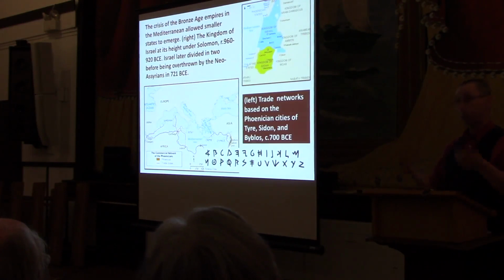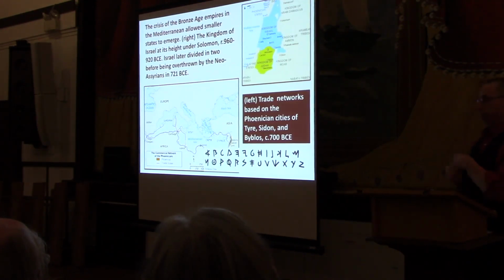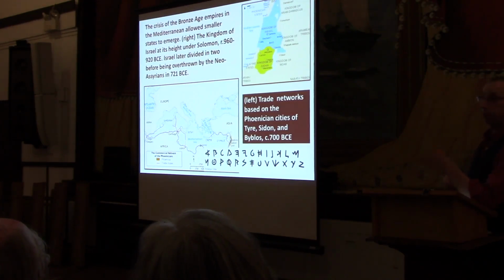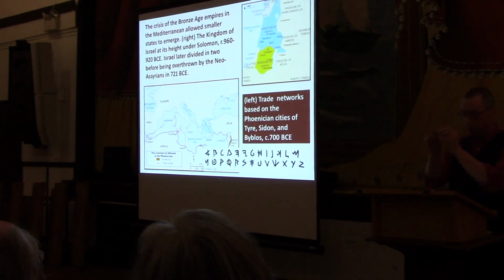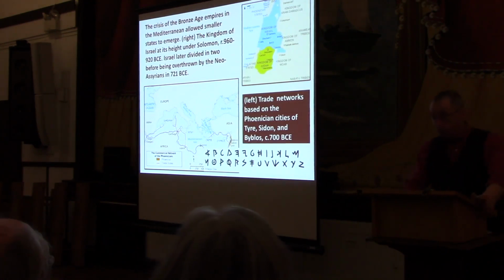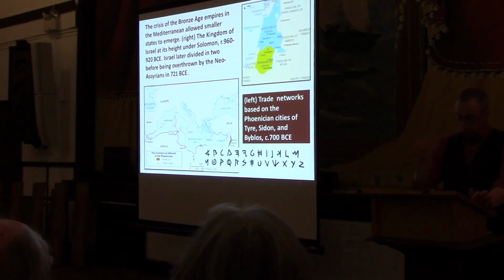In particular, founding the city of Carthage in modern-day Tunis, and the first alphabetic language. So we have the beginnings of monotheistic religion in the Mediterranean, in Israel, and we have the beginnings of written language, of alphabetic language. So that little interregnum between the collapse of the Bronze Age empires and the rise of the Iron Age empires is really important.